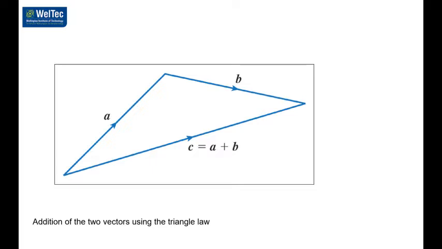Suppose we say that A plus B is equal to C. Then A plus B is going to be the same as B plus A, so vector addition is commutative.